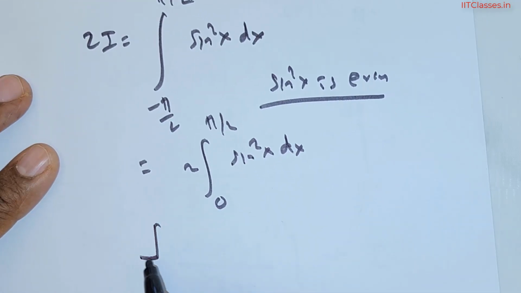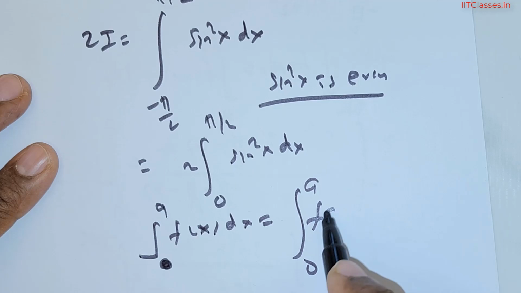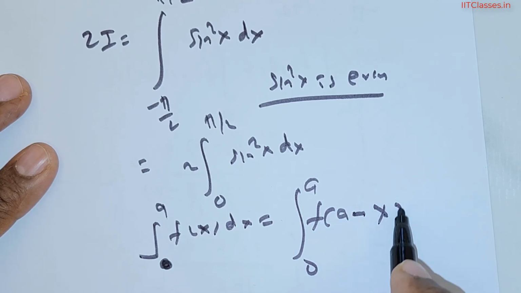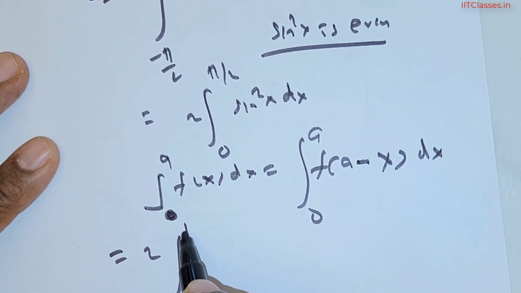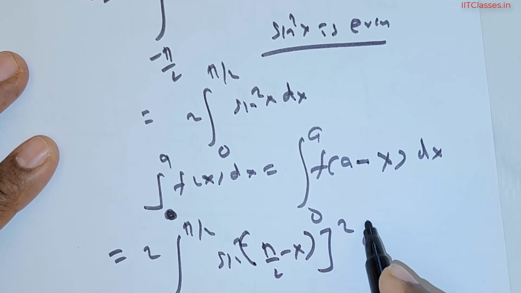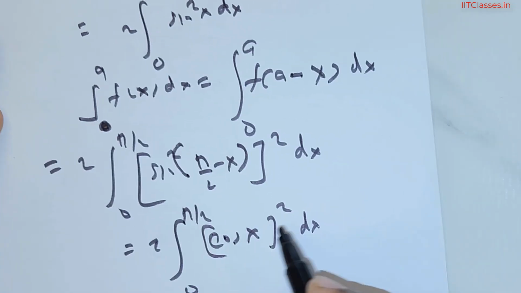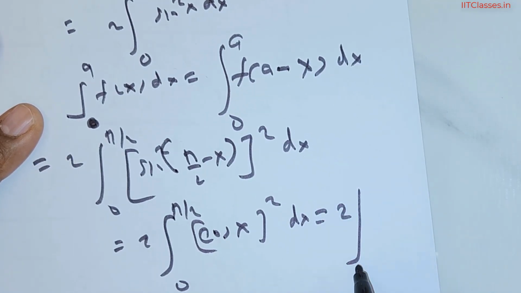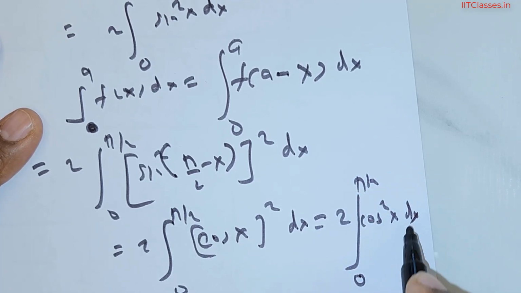Now I would like to utilize this property: integral 0 to a of f of x dx is equal to integral 0 to a of f of (a minus x) dx. So this is going to be 2 times integral 0 to pi over 2 of sine of (pi over 2 minus x) the whole squared, dx. This will give me (cos x) whole squared, which is going to be 2 times integral 0 to pi over 2 of cos squared x dx.